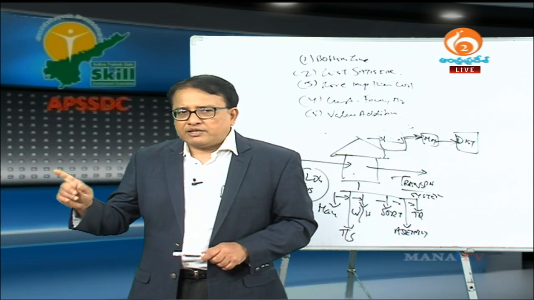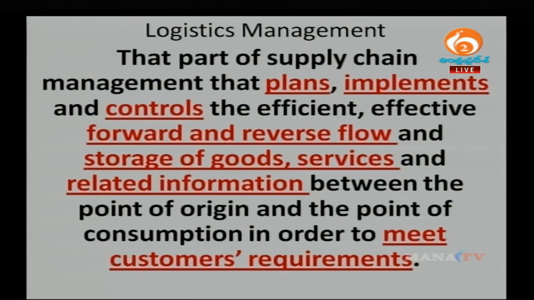We will again see what logistics management is all about. It is that part of the supply chain management that plans, implements and controls the efficient, effective forward and reverse flow and storage of goods, services, and related information between the point of origin and the point of consumption in order to meet customers' requirements.